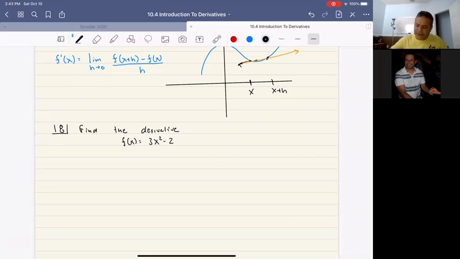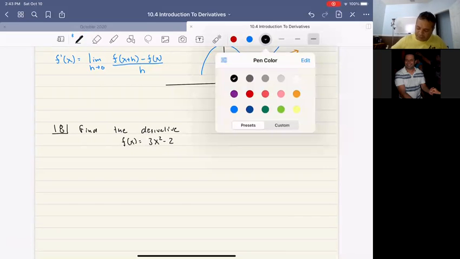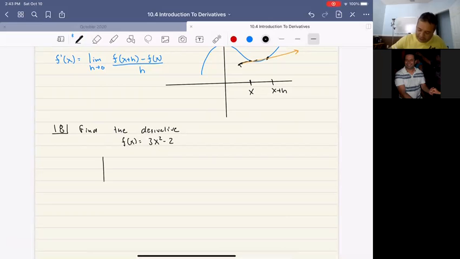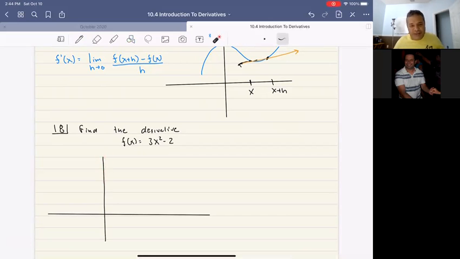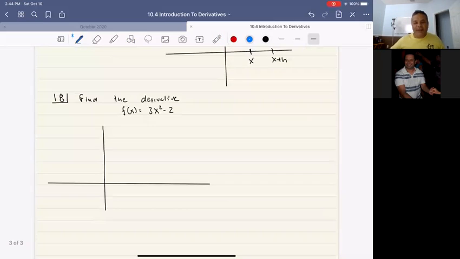Okay, so let me just draw this so that we can put it on there and we'll see what's going on. Wow. You guys believe I drew this one without the shape tool? That's pretty good. Okay, so 3x squared minus 2. Looks like so and so.